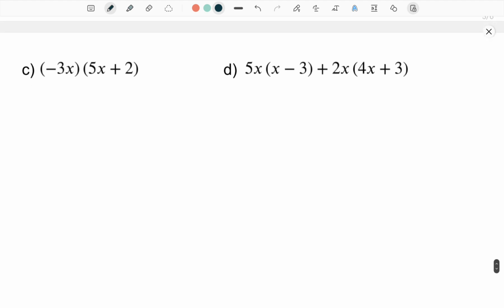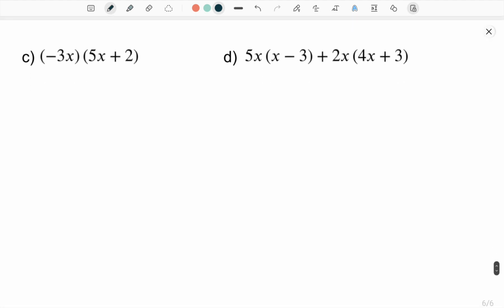All right, let's take a look at some more examples. What if I had a negative number out in front? What's that going to do? Again, with the distributive property, the entire term that's in front is what's being multiplied into the set of brackets. That means you include the negative sign when you're multiplying it in.